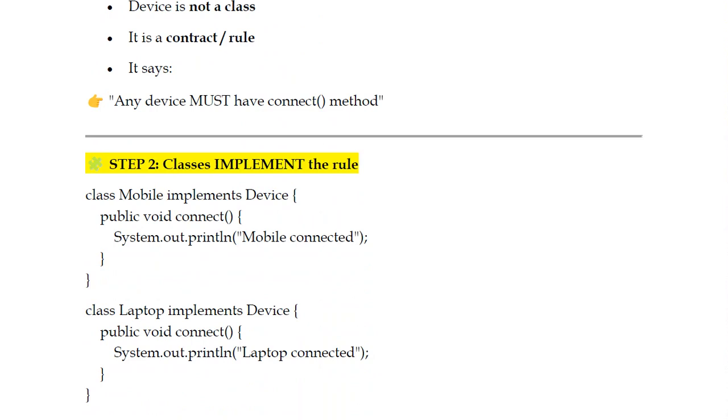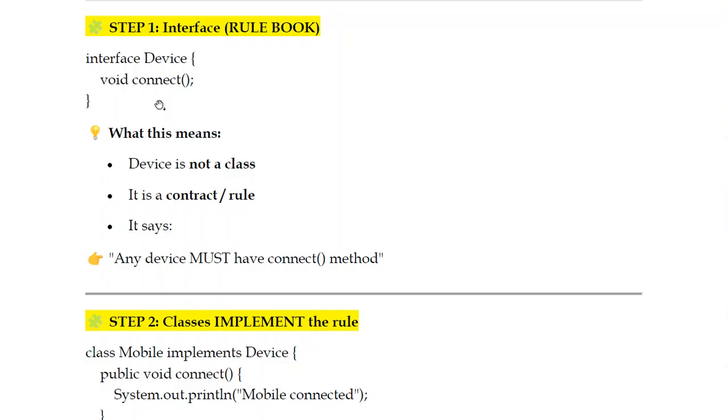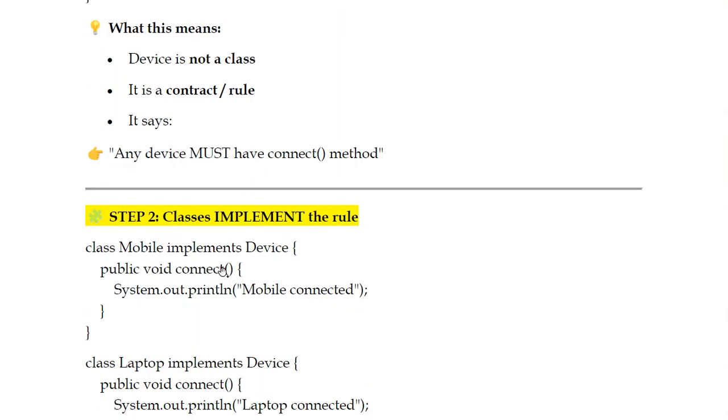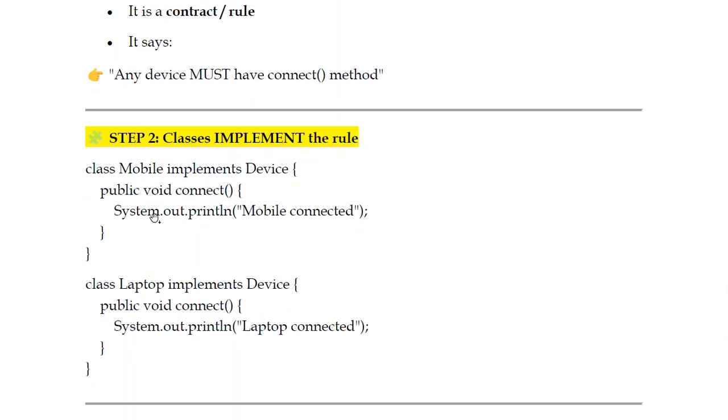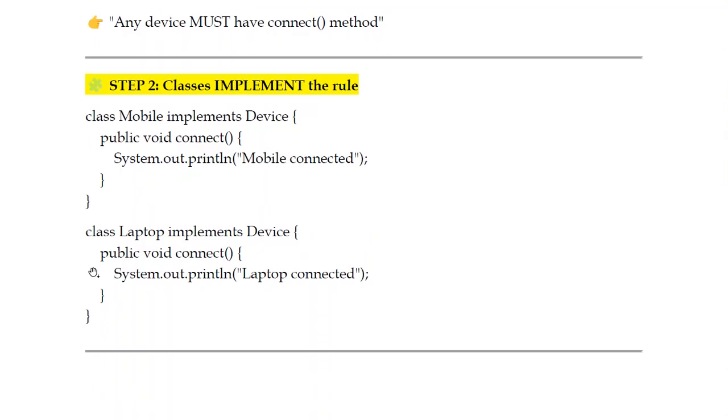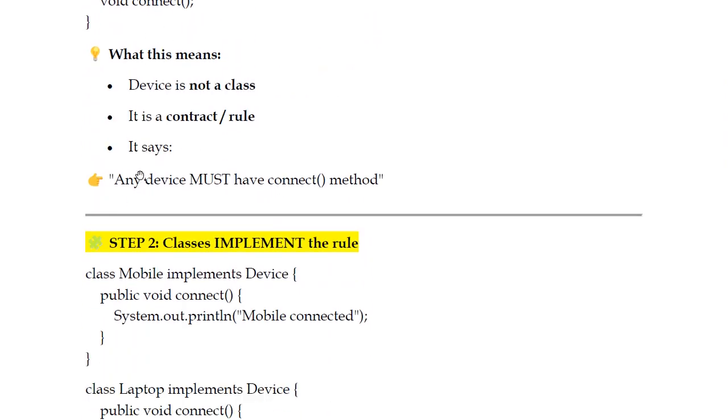Now we just declare the interface Device one time, and the remaining classes implement this Device. We write this declaration part only one time.